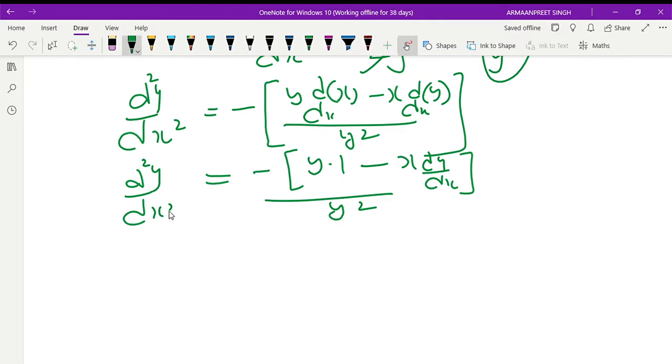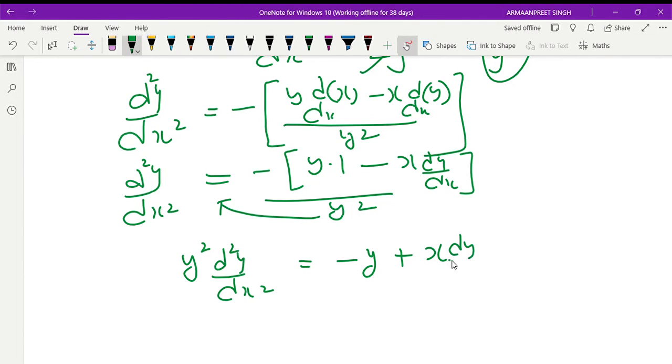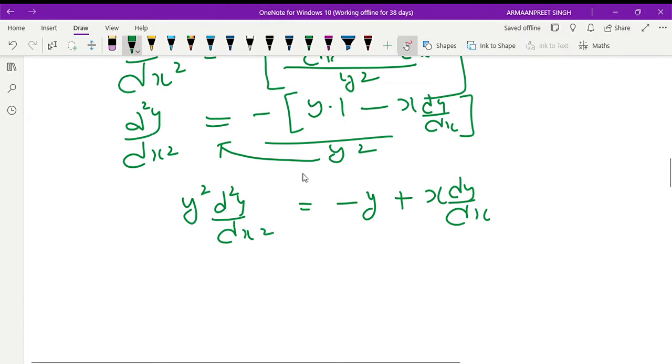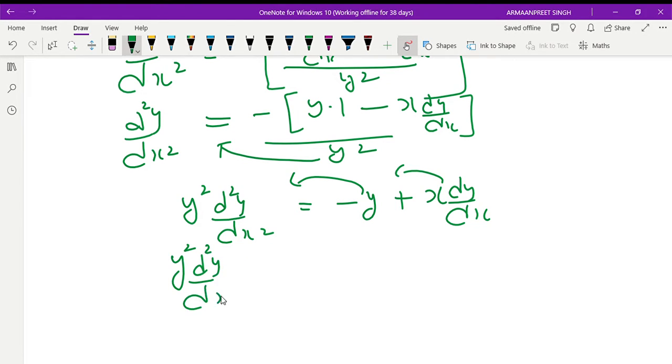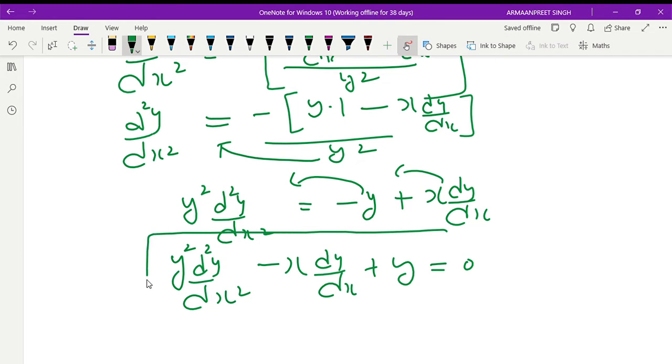Now cross multiply this. Minus y. Now transpose this and this term, and it is the required result.